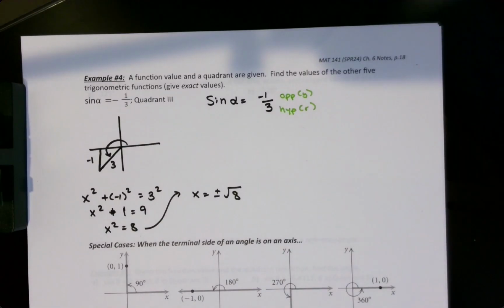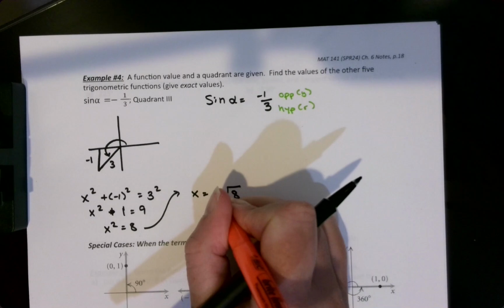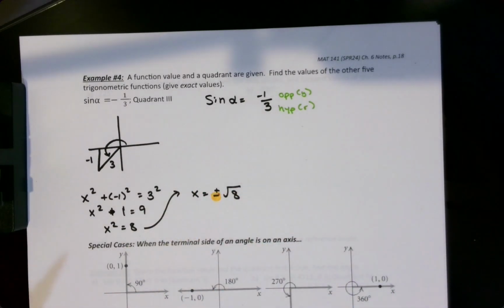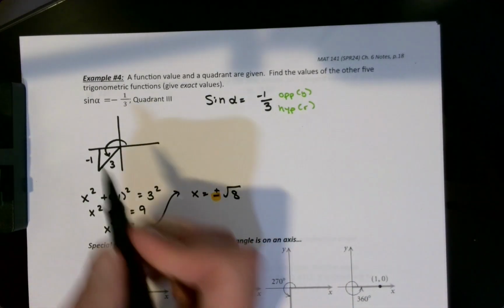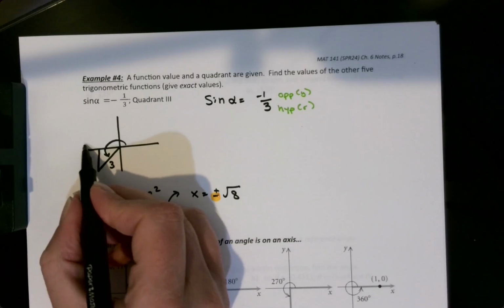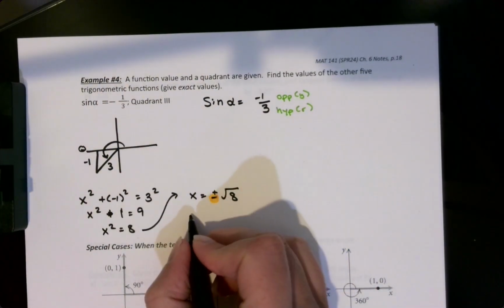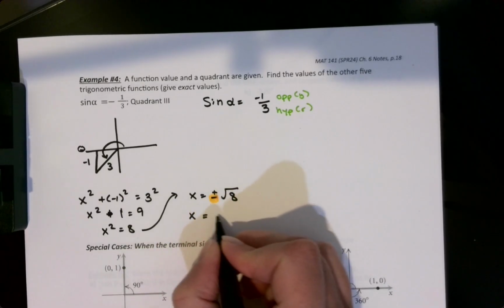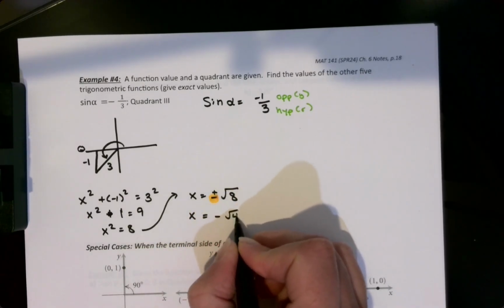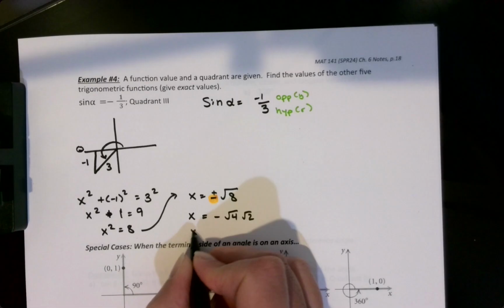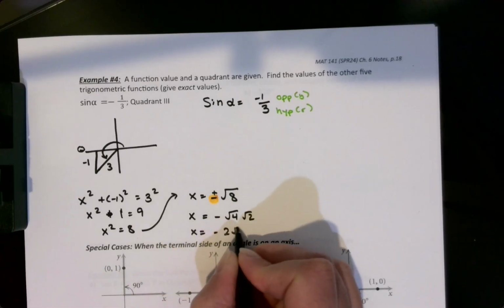This time, based on the fact that I know I'm in quadrant 3, we are going to select the negative version of this radical. The x-axis is negative on this side, so I know that I need the negative square root of 8. We are going to simplify that to negative square root of 4 times square root of 2, and that gives us negative 2 square root of 2.